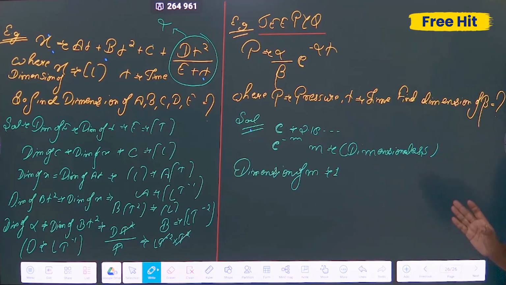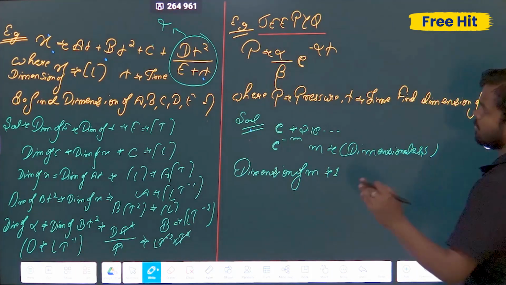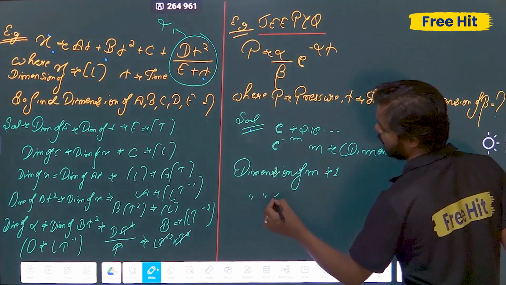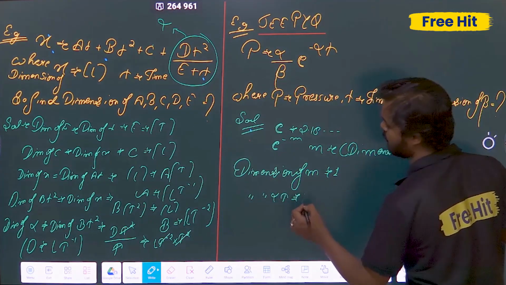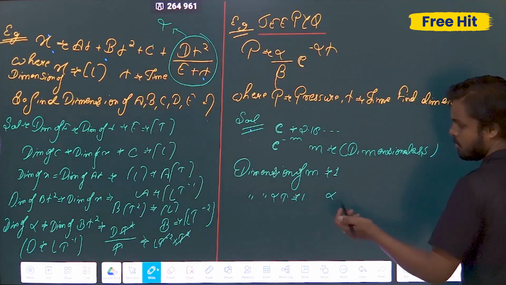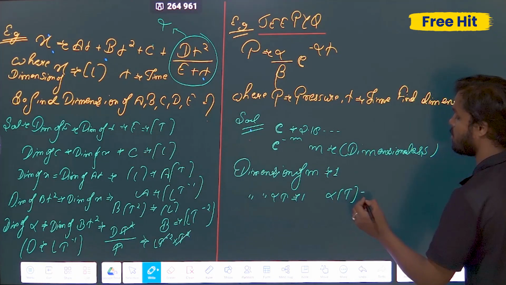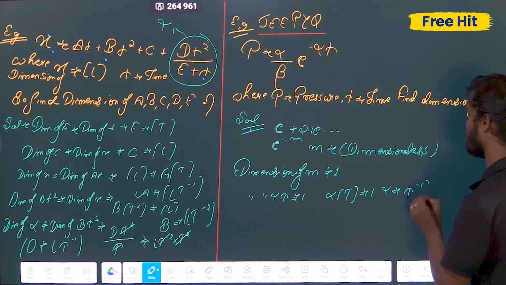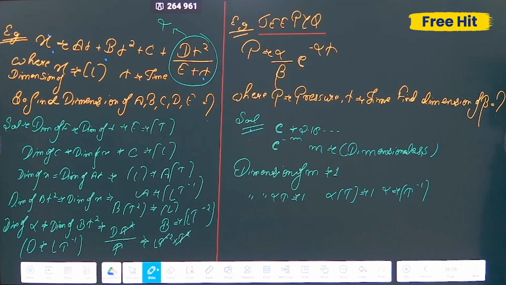As it becomes 1, my work is done. So here, the dimension of alpha t should be equal to 1. Now, alpha dimension I don't know, t dimension is t, because it is time, and this would be equal to 1. So if you bring that to the other side, it will be T to the power minus 1. So from here you get the dimension of alpha.